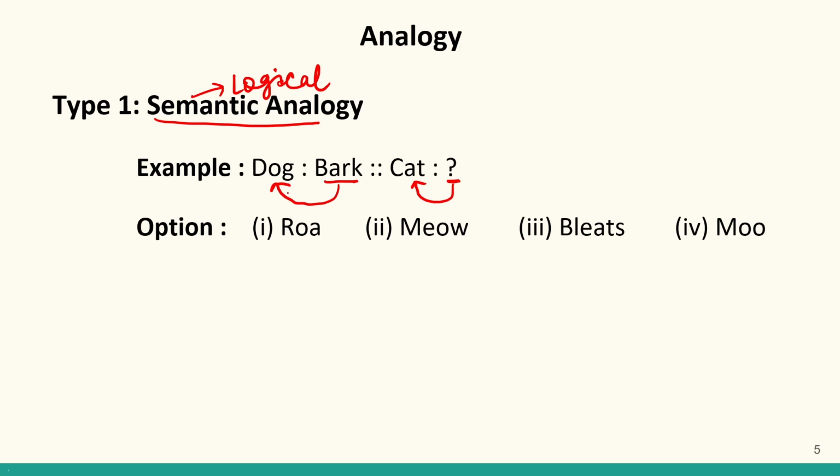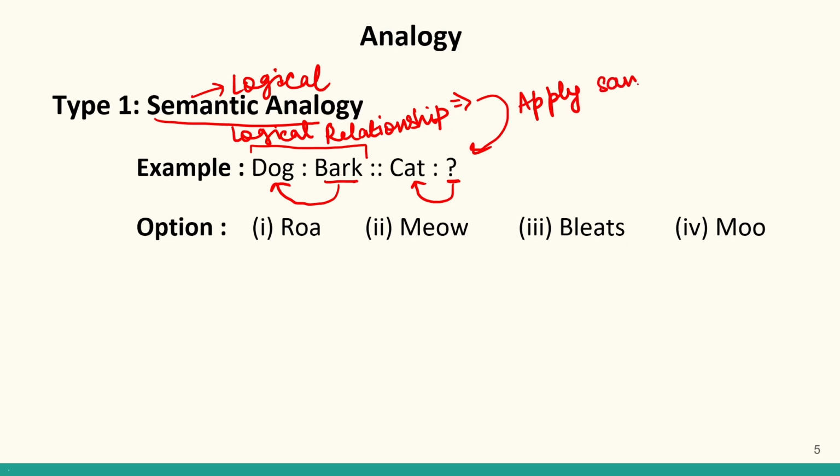So, whenever you get a question like this, where there's two dots, this first term has a logical relationship. We have to find this logical relationship and we have to apply similar logic or same logic to find out the relationship between this word and the missing word.